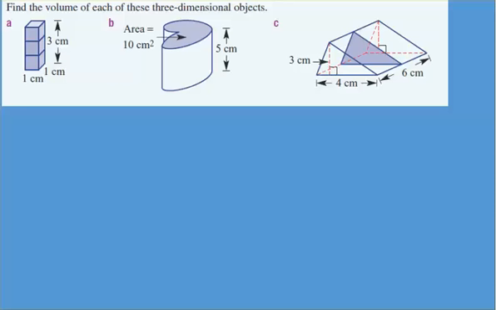Well, let's look at the first one. The first one has this cross-section across here, and if we sliced it all the way through, we would have that cross-section extending all the way down through this prism.